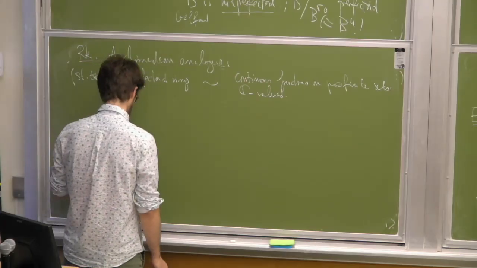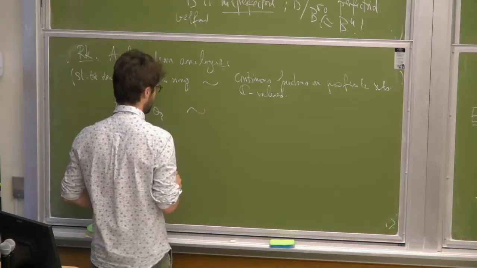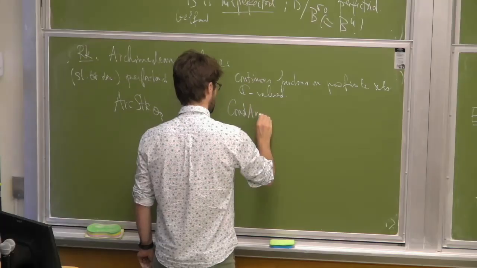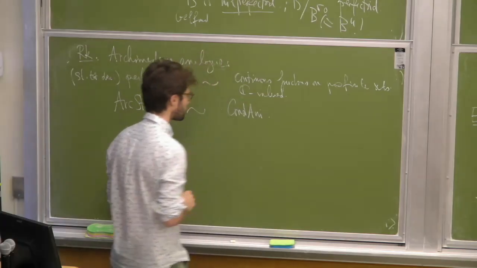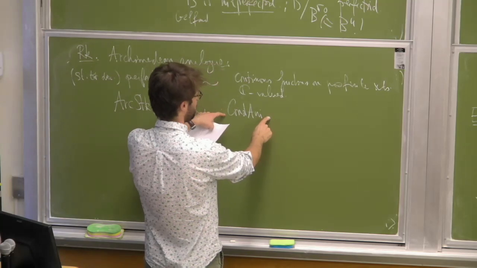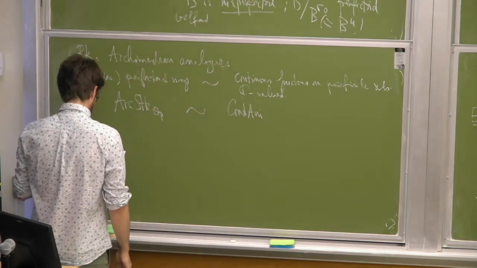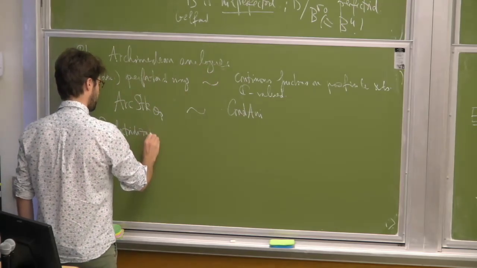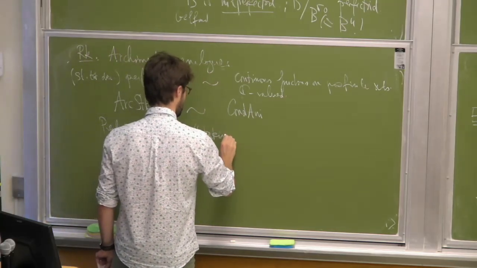And then for the category of arc stacks, what plays this role is the category of condensed sets or condensed anima, which are just a kind of generalization of topological spaces. The analog of the perfectoidization functor is just something like taking the underlying topological space.